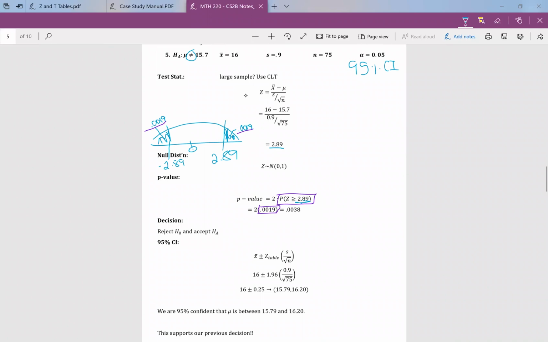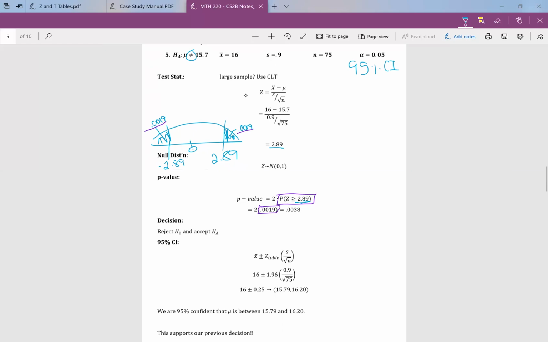So that means we are 95% confident that our population parameter, the population average, is between 15.79 and 16.2. Notice this does support our previous decision. Our decision was reject H0 and accept HA.